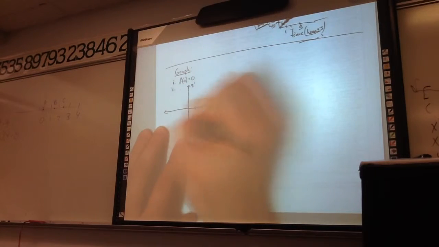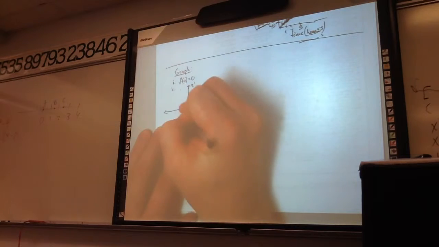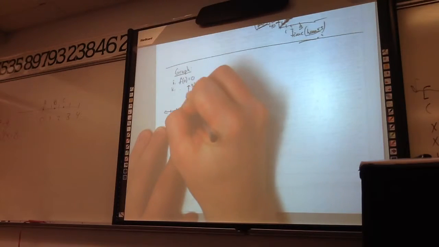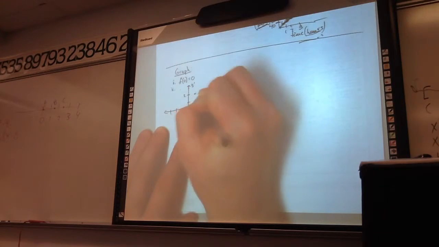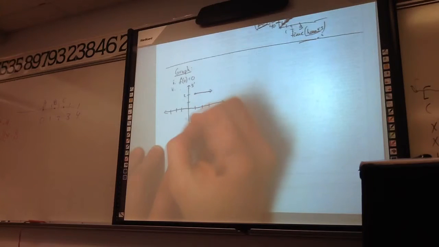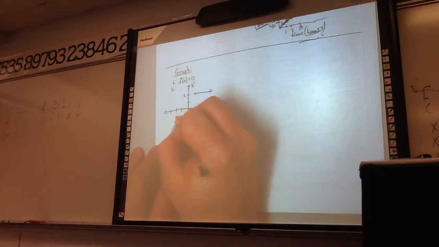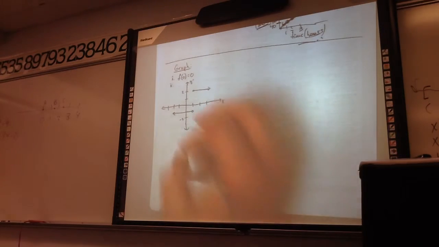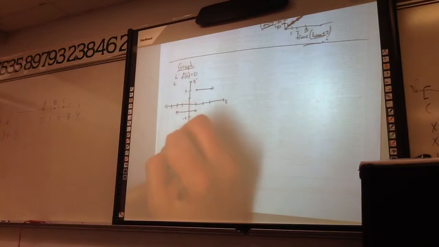These are just going by ones, nothing tricky here. So there's the derivative graph. Oh, and then the third stipulation was that f of x is continuous.